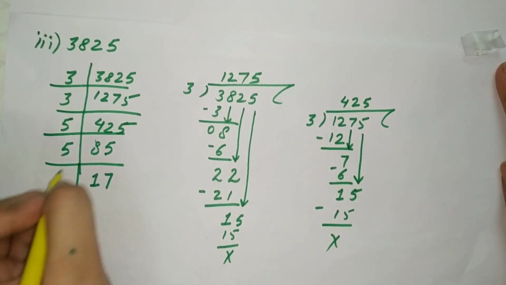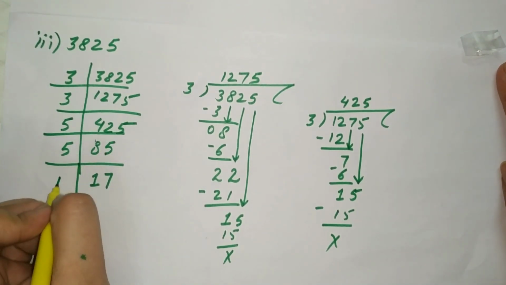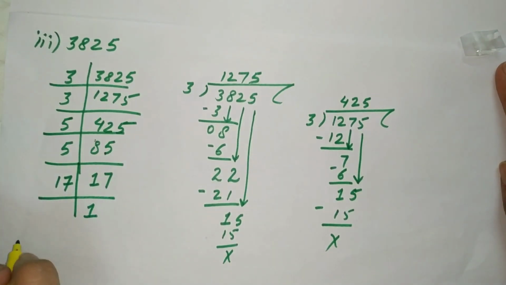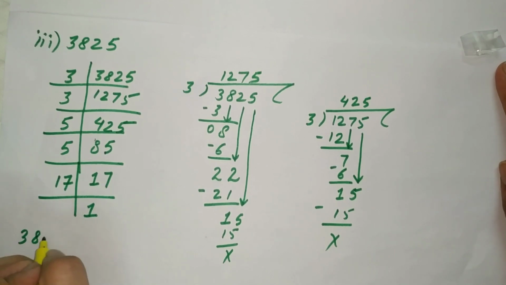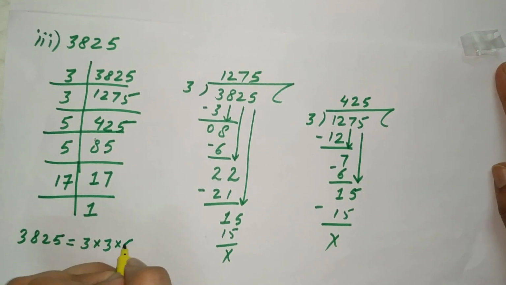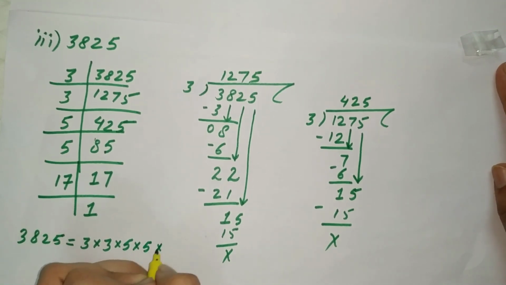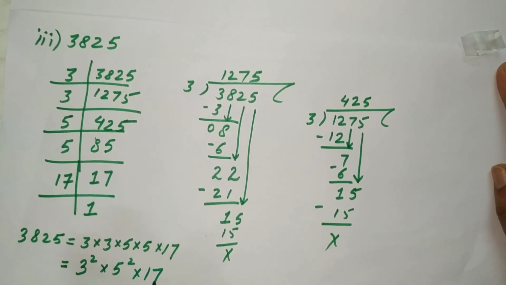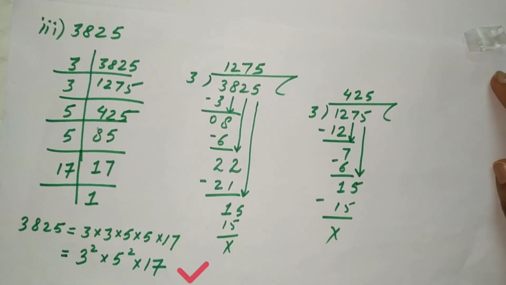Now 17 is a prime number, hence 17 is divisible by 17. So the prime factors of 3825 are 3 multiply 3 multiply 5 multiply 5 multiply 17, or 3 raised to the power 2 multiply 5 raised to the power 2 multiply 17.